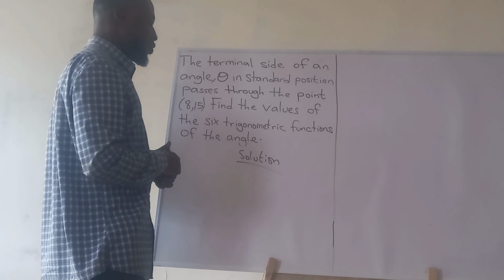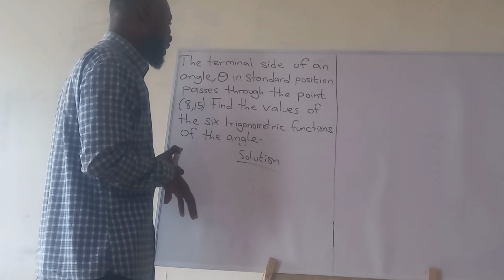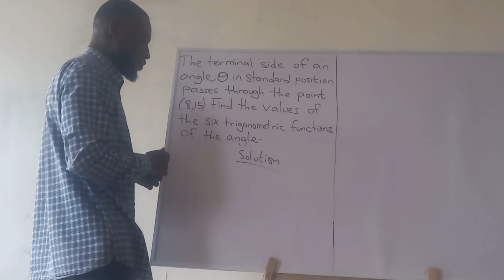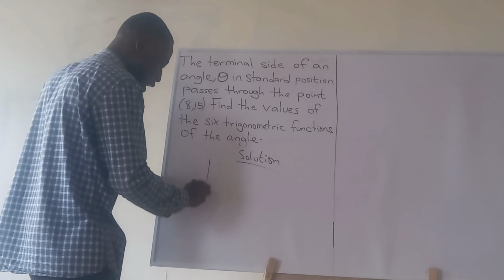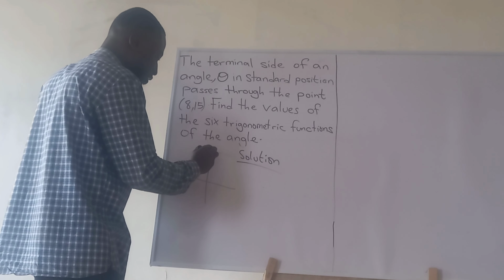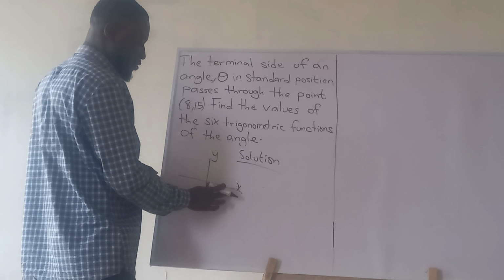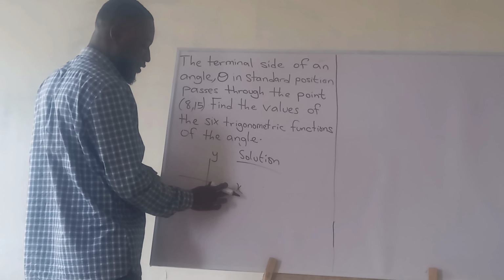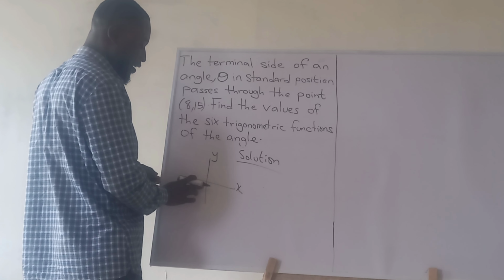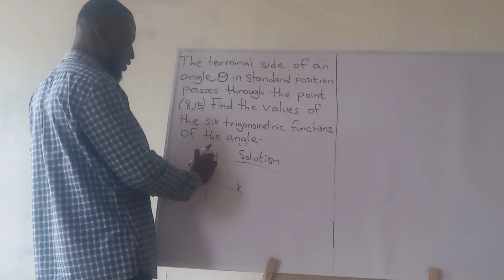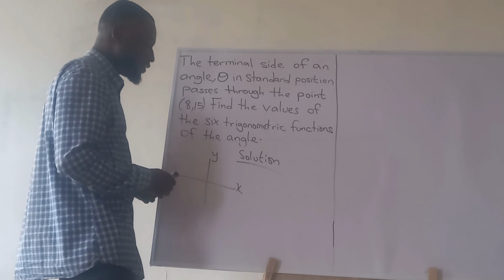First of all, you have to draw your Cartesian plane to locate your point (8, 15). So we draw our Cartesian plane, y-axis and x-axis. On the x-axis, we have the positive side and the negative side. On the y-axis, we also have the positive side and the negative side.